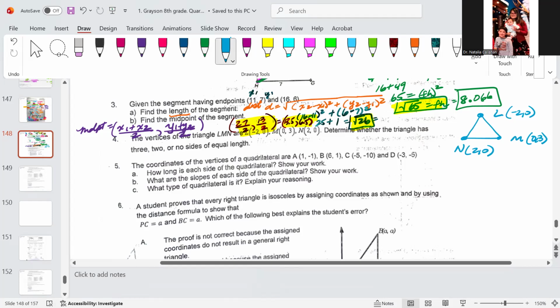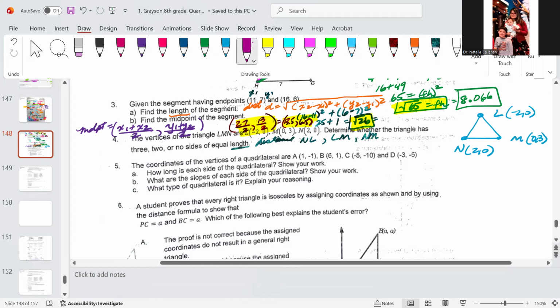It's saying which sides are equal, correct? So what are the sides we need to find? Well, if you're looking for the length, length means what? Distance. So you're going to find the distance of NL, distance of LM, distance of NM. Does that make sense? Yes.